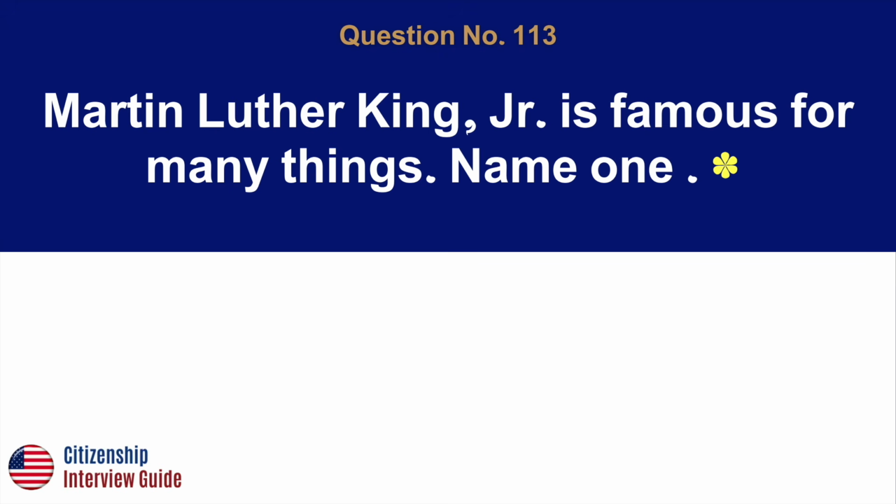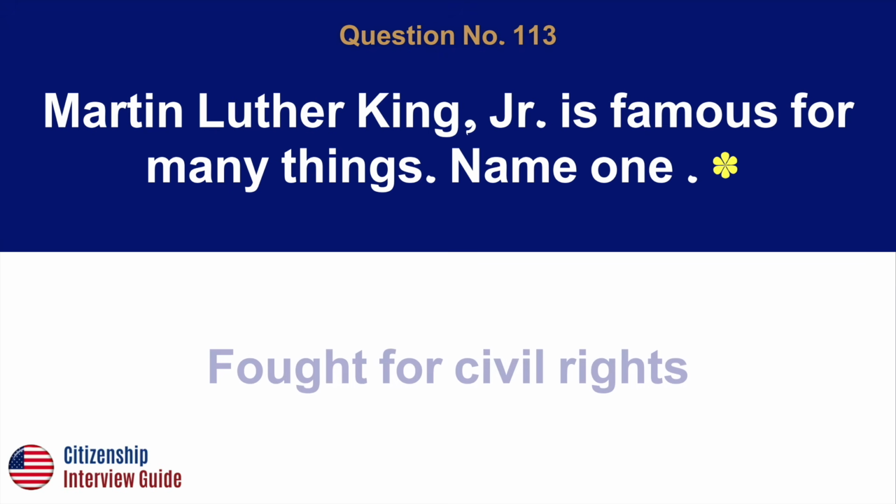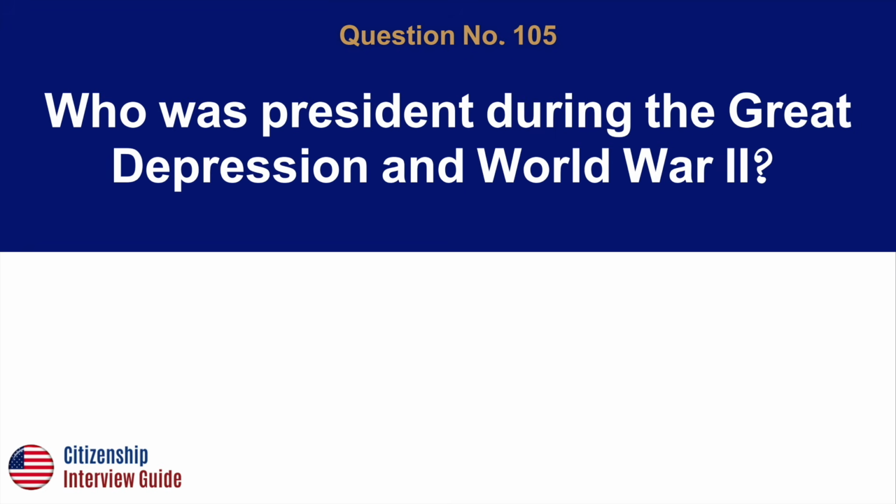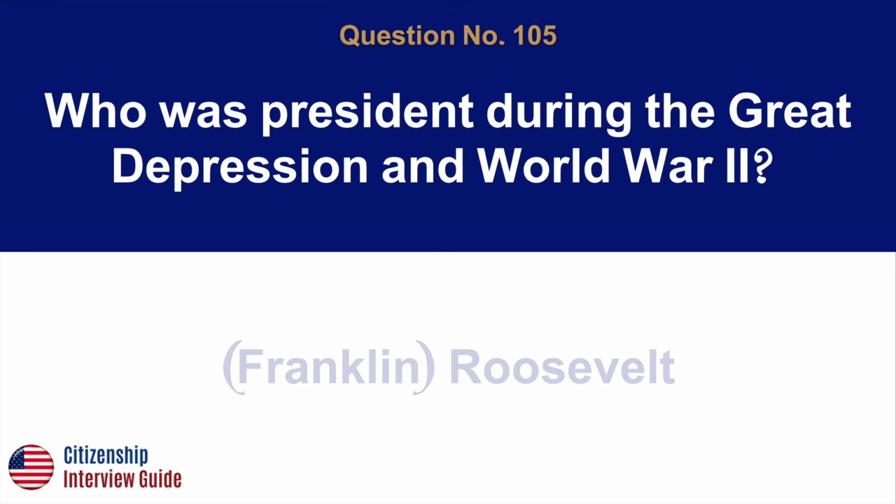Martin Luther King Jr. is famous for many things. Name 1. Fought for civil rights. Who was president during the Great Depression and World War II? Franklin Roosevelt.